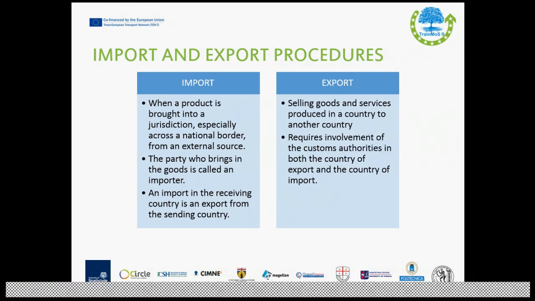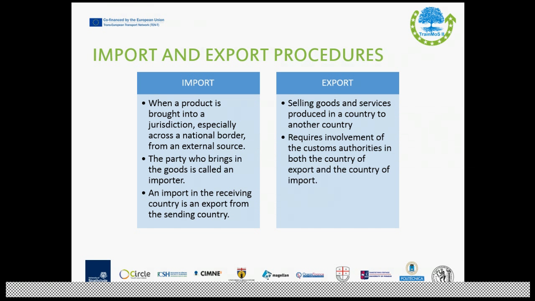With respect to the import, of course, a broad definition is that import is a product that is brought into a jurisdiction or a nation across national borders from an external source, and the party that brings the goods in is called an importer, and the import in the receiving country has to have an export from the sending country.